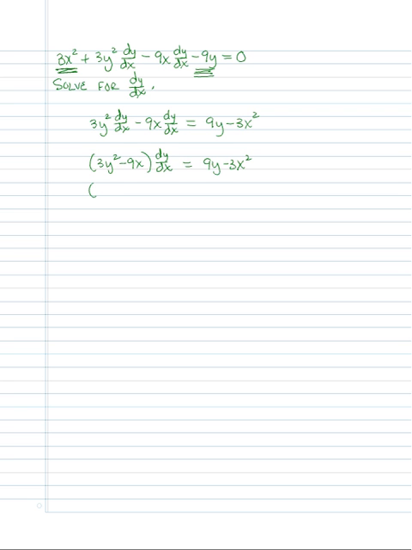So I'm going to divide on the left side and the right side by 3y squared minus 9x. After all, that's what I'm trying to do, is get the dy over dx by itself. So these are going to cancel there, aren't they? On this side, I say 9y minus 3x squared divided by 3y squared minus 9x.